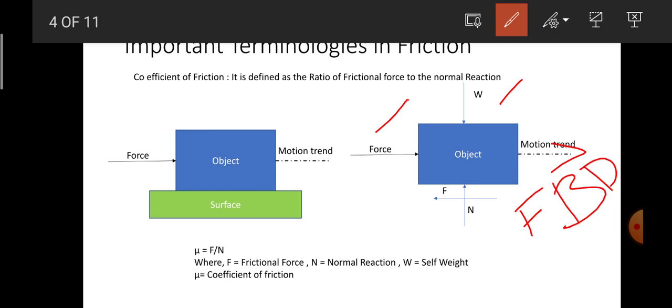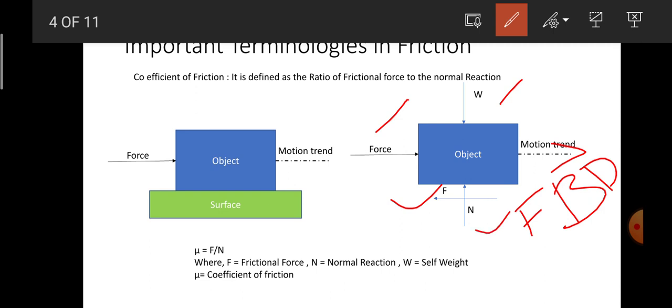Apart from that, as per the definition of friction, the frictional force will always be opposite to the direction of the motion trend. Therefore the frictional force F is along the left side direction. Apart from that, the contact surface offers a reaction perpendicular to the direction of the object, which is called the normal reaction.